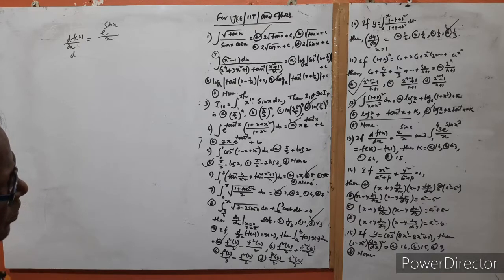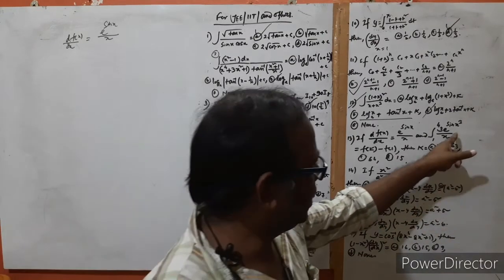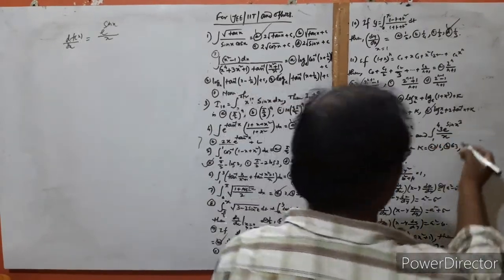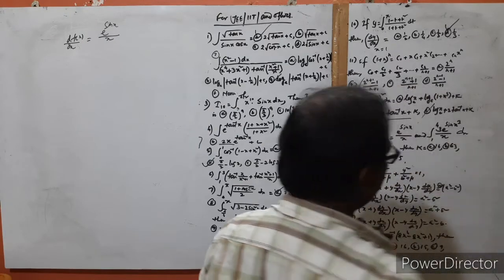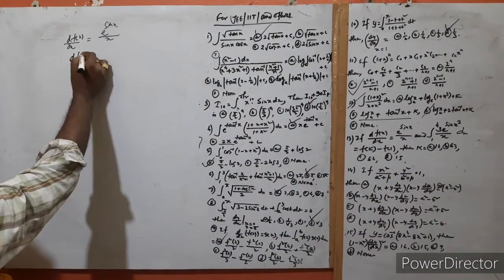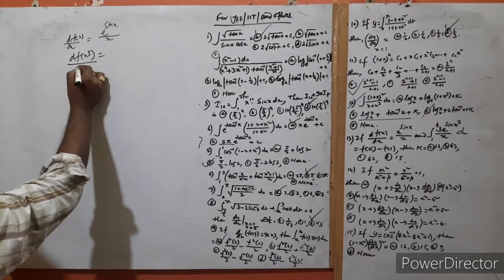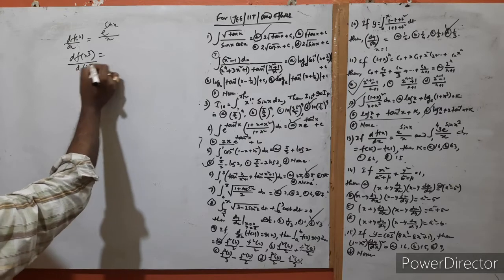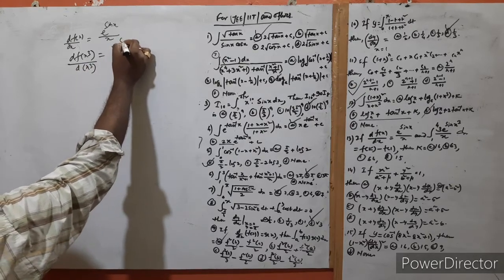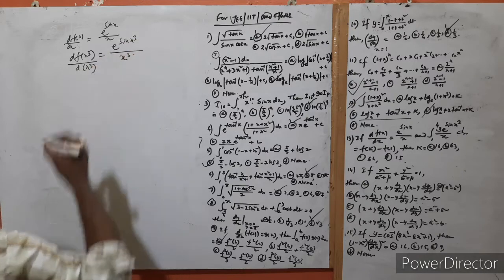In your integral function, it is dx here and this is x cube, so that's why you put d of f of x cube by d of x cube, that is e to the power sin x cube by x cube.